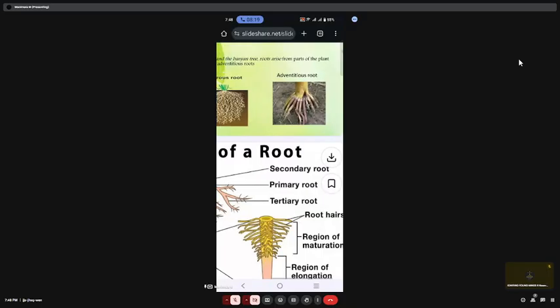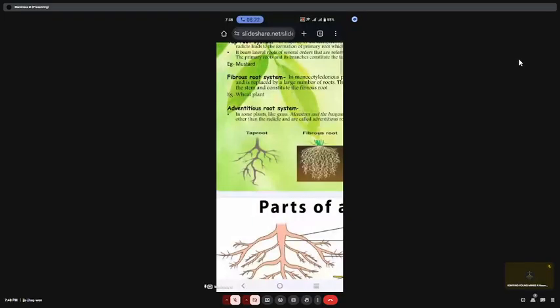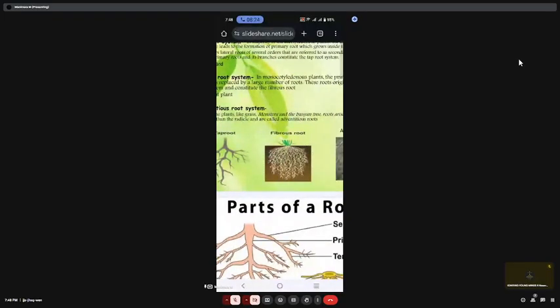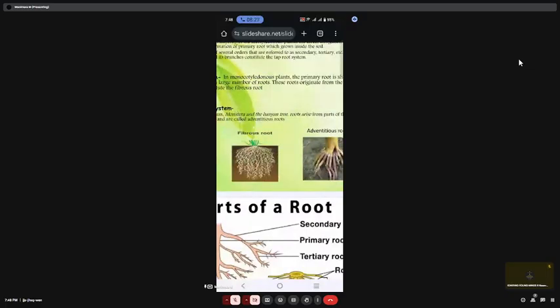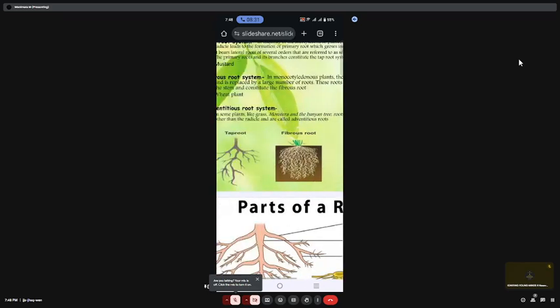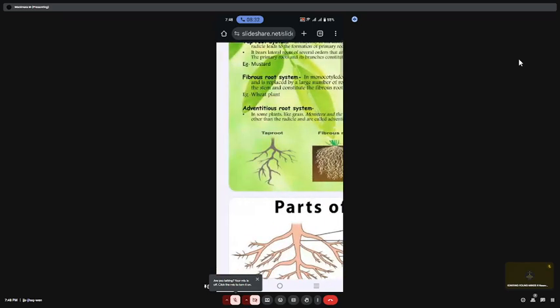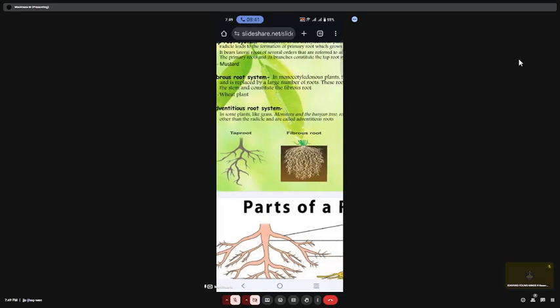In some plants like grass, monstera and the banyan tree, the roots arise from a part of the plant other than the radical. When roots form from other plant parts without the radical, they are called adventitious roots.